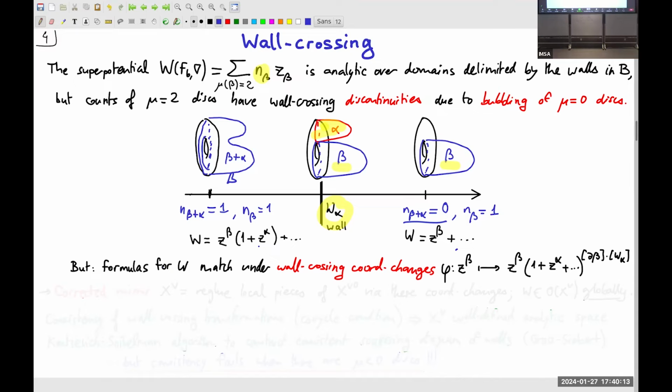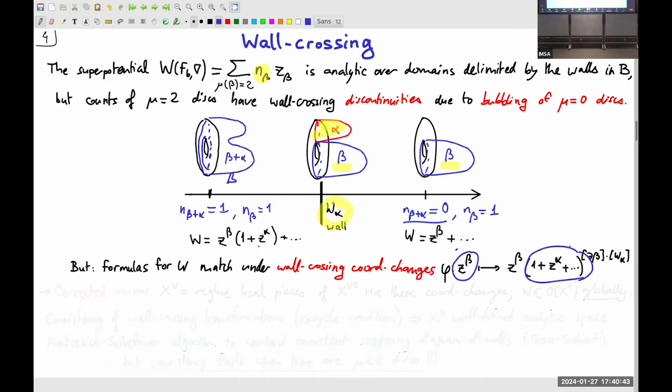So the observation is that there is a wall crossing transformation, some coordinate change, which will basically take each z^β and multiply it by some power series involving the weights of the Maslov zero disks that you encounter, to some power, which is the algebraic intersection number between the class β and the wall.